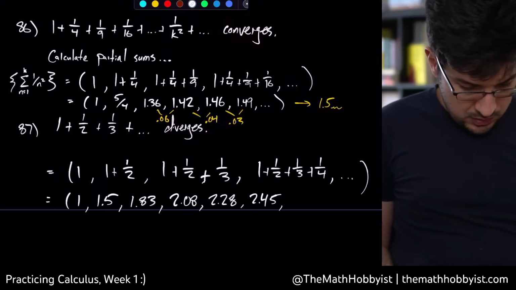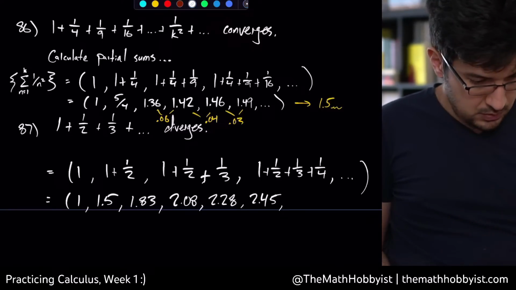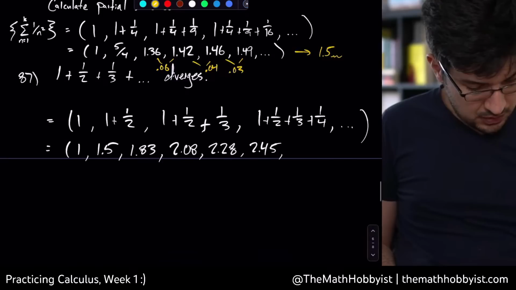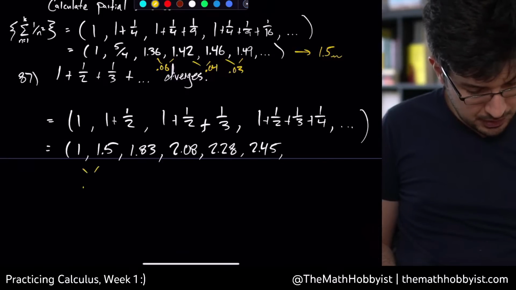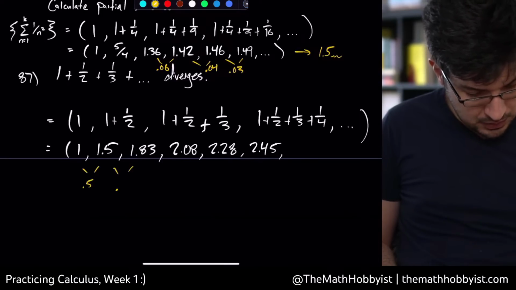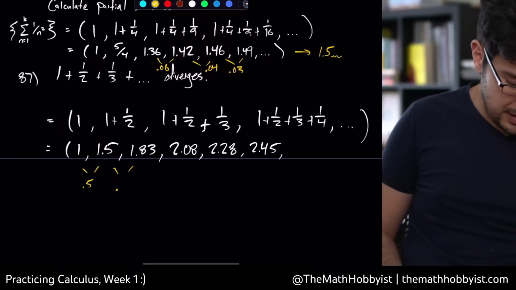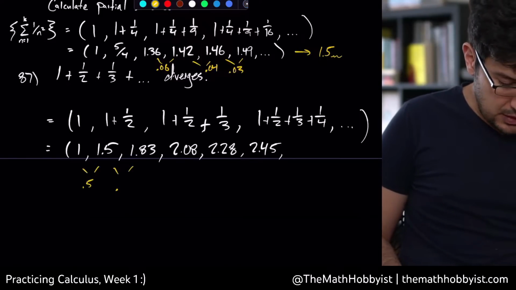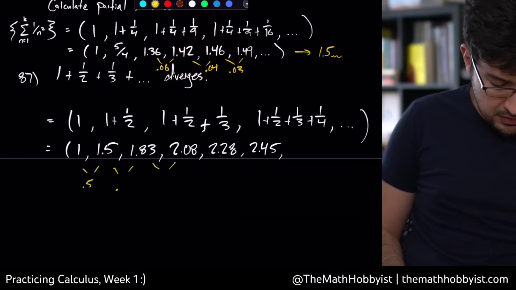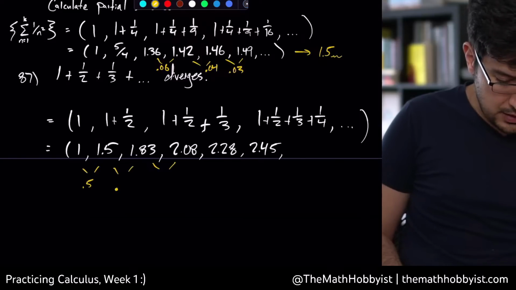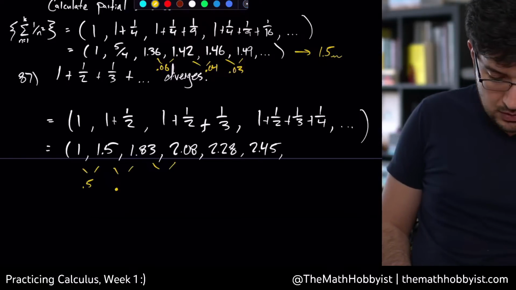Okay, so how do we feel? These two differed by 0.5. These two differed by, I don't know. I don't think that that's going to be enough. This argument is not going to be enough to see that this is... I don't know.